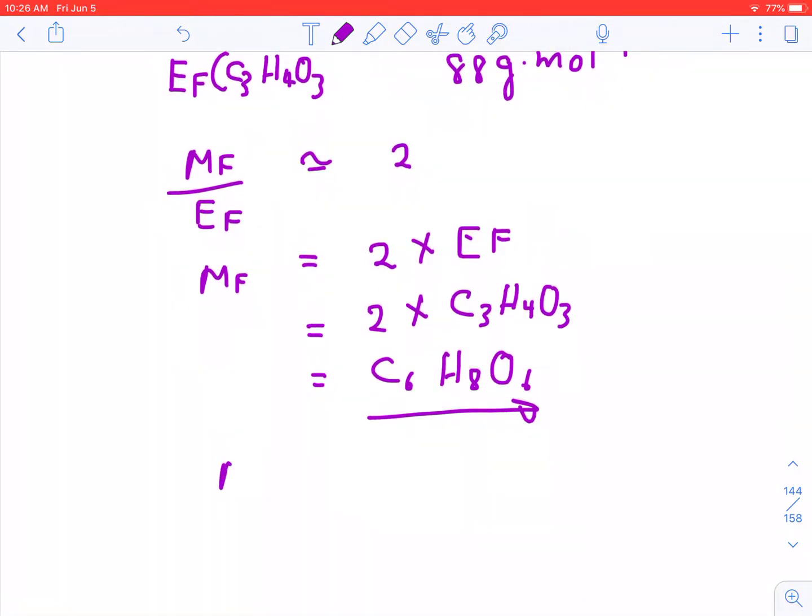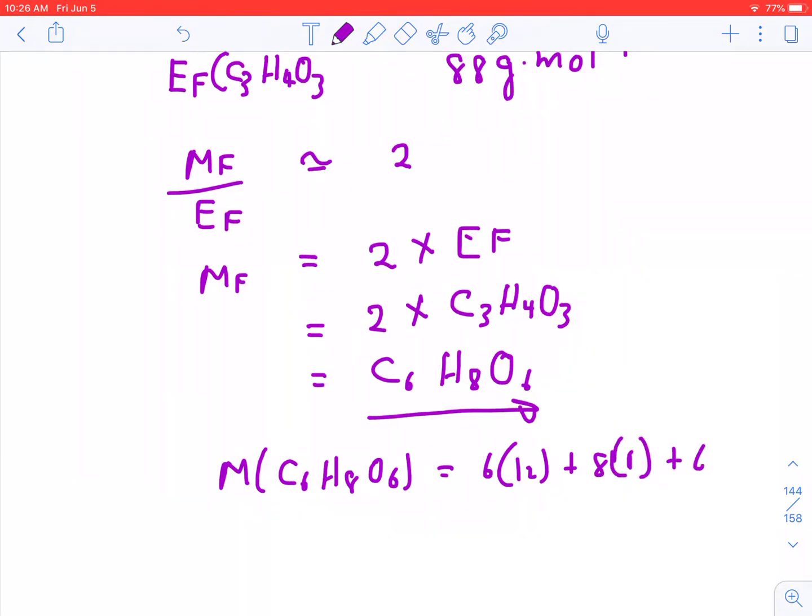The M of C6H8O6 is 6 times 12 plus 8 times 1 plus 6 times 16. When you look at that, that gives you 176 grams per mole.